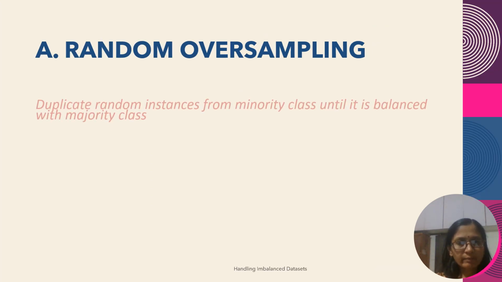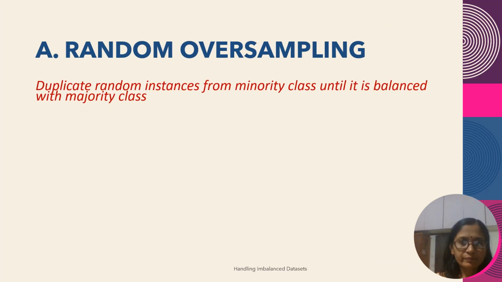In random oversampling, we concentrate on the categories where the number of records is less and we try to match the number with the class where the number of records is very high. That is, we duplicate random instances from the minority class until it matches the majority class.